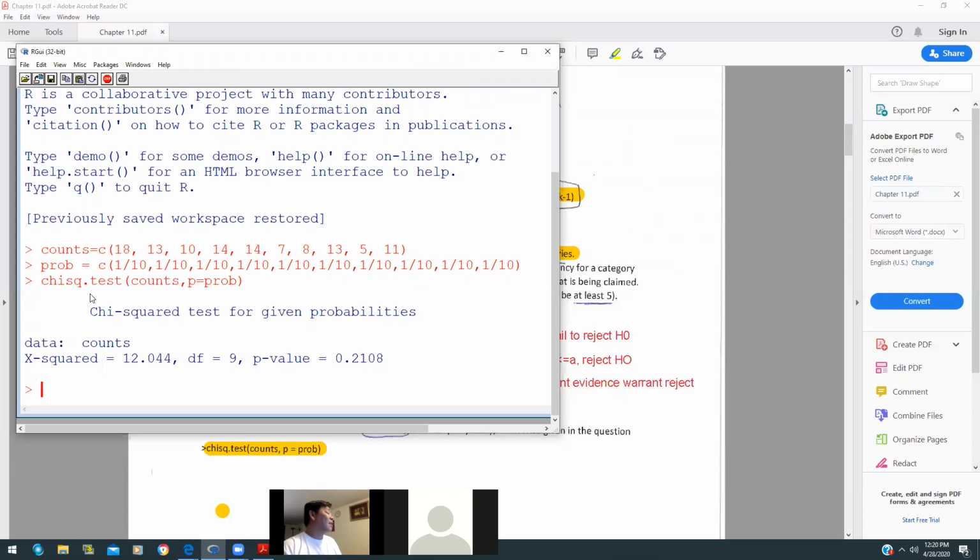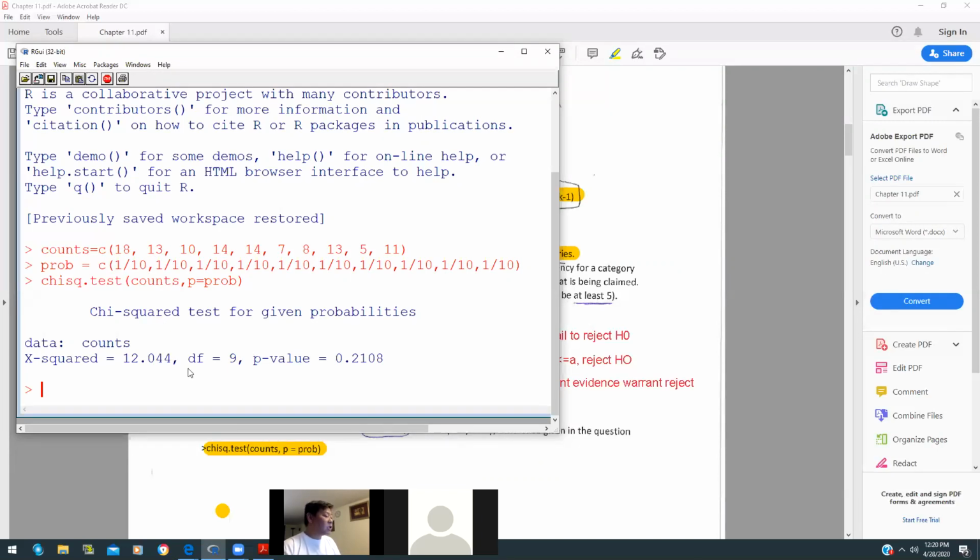If an error came out that is a mismatch, it means you have entered something wrong in your data. That means you entered 10 numbers in counts, but you only entered 9 or 8 or 11 numbers in prop. If you have 10, you should have 10, then you will get your answer. Otherwise you have what we call a mismatched dimension, and that's where the error message comes out.